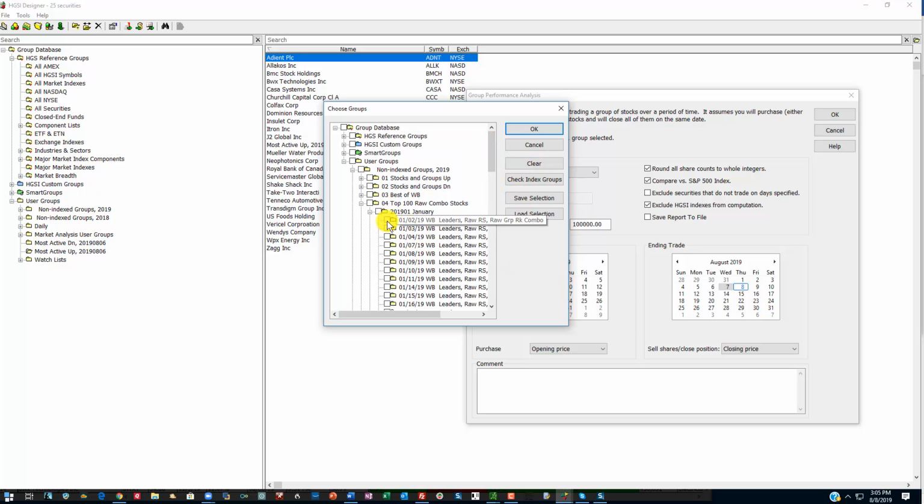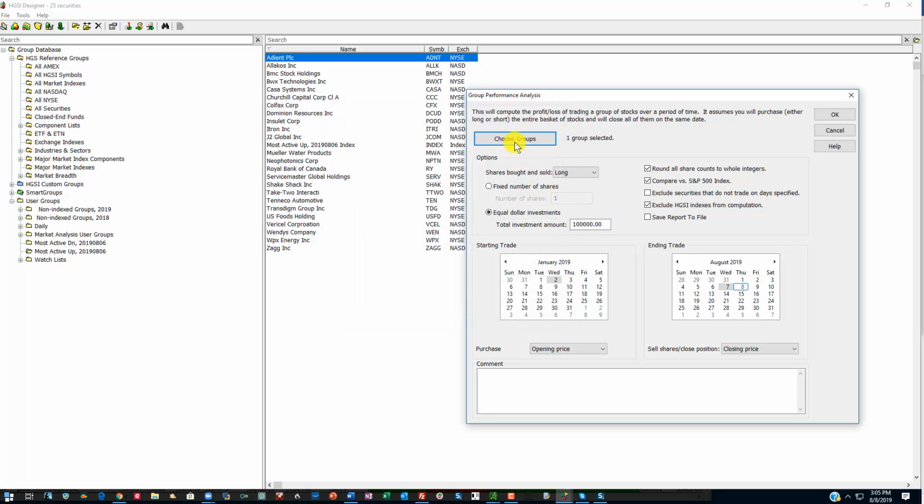I'm just going to take, let's just take this group right here, the stocks from January 2nd. Okay? And so I'm going to choose the opening price of January 3rd, and we're going to go through yesterday.